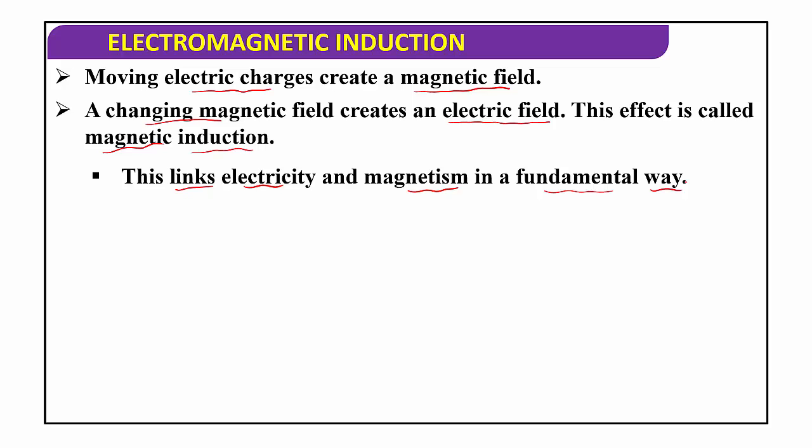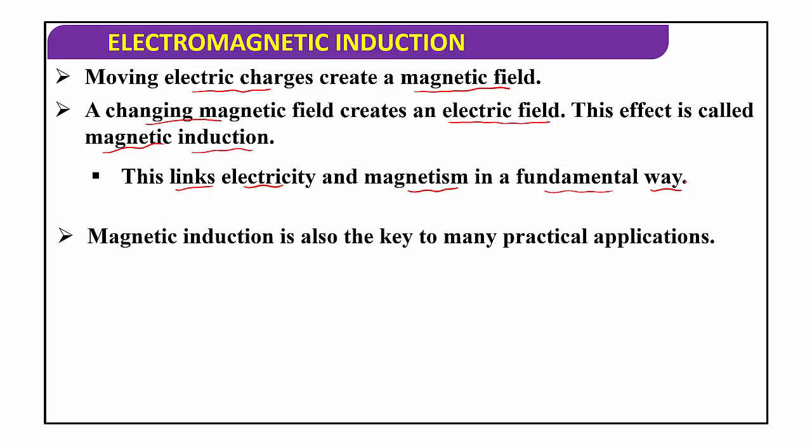The scientists Faraday and Henry did some experiments and found that yes, it is possible. A changing magnetic field produces electric current, or creates an electric field, and that gives the relation between electricity and magnetism. Then the next point: magnetic induction is also the key to many practical applications.